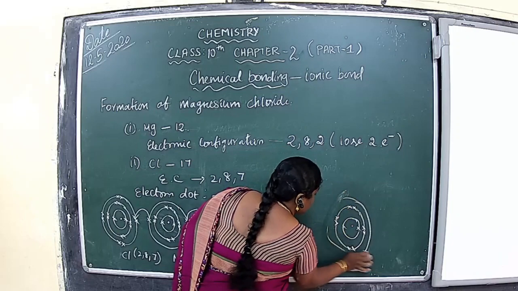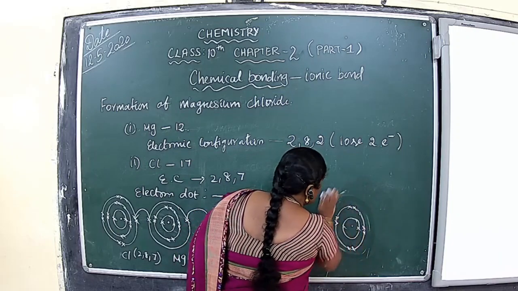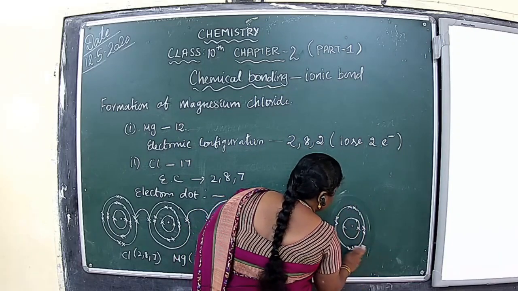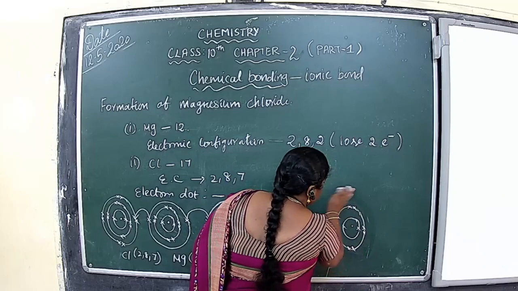The outer shell is not there because magnesium loses the 2 electrons from the valence shell.